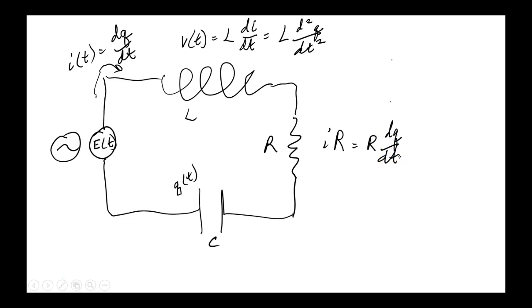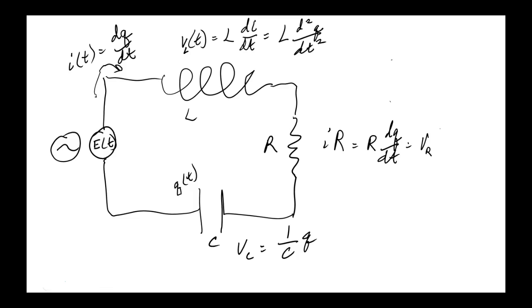And then the capacitor, strange formula here, and by the way, this is the voltage drop. I'm going to put voltage drop across the inductor, voltage drop across the resistor, and then the voltage drop across the capacitor, strangely, is 1 over C times Q. Okay? No derivative involved with that.